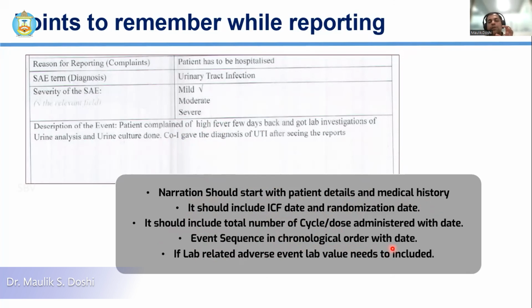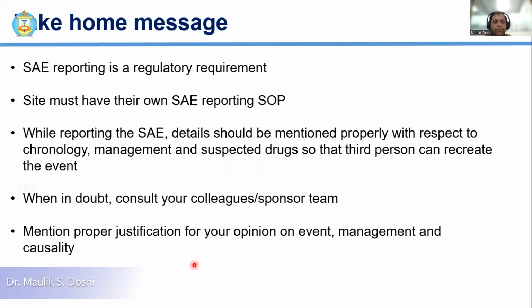Then at the third follow-up, he was presenting with this condition. So all the chronology has to be entered. And if your adverse event is related to lab, such as hypokalemia or hyponatremia, then you have to provide the lab report, which will show a reduction in the potassium or sodium. So a lab report is required for these cases.